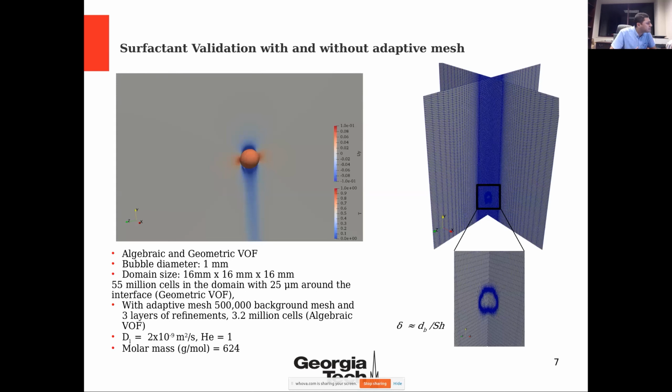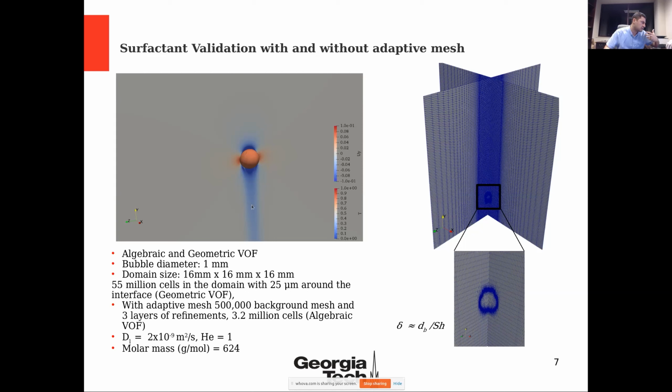The point is that we try to validate and compare the results of the geometric VOF, interIsoFoam and interFoam. That PDE is finally coupled with interFoam and interIsoFoam. I couldn't compile adaptive mesh with interIsoFoam, so adaptive mesh only works with interFoam, the algebraic VOF.